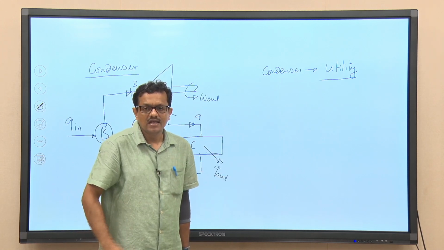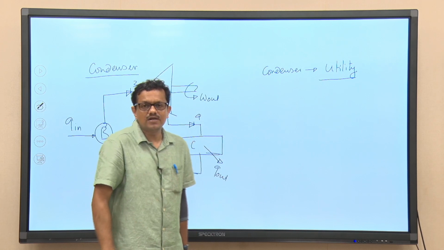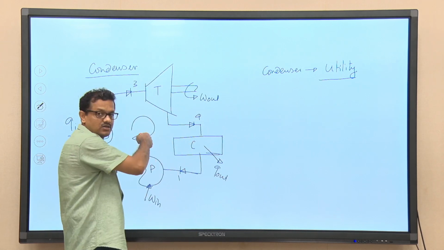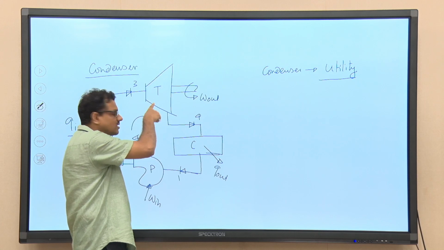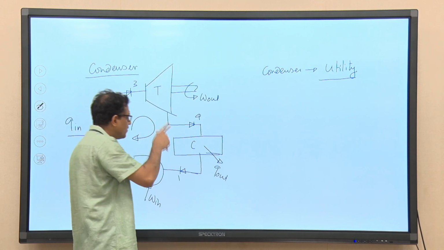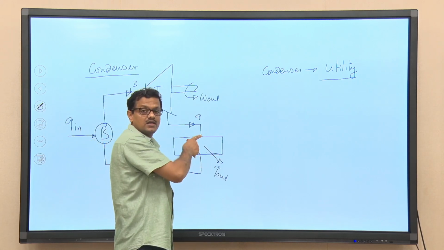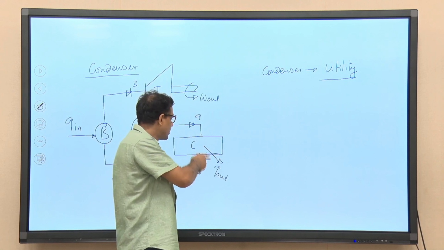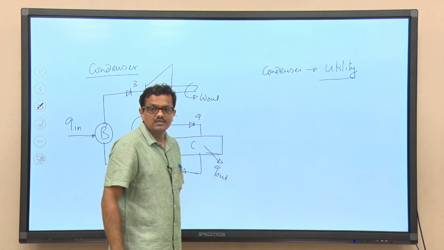But in that case it would not have been possible to operate the system in a cyclic manner. So, to operate the processes in a cyclic manner, we must have a sink wherein heat should be rejected, and that is the second law of thermodynamics.